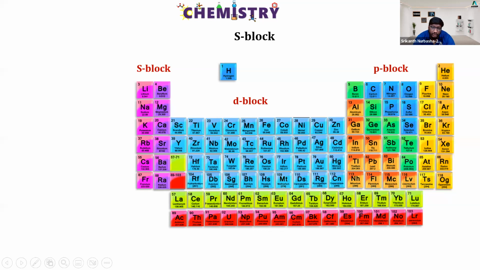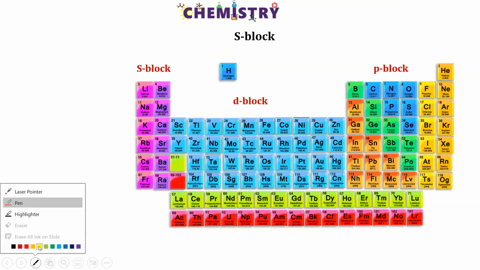S block elements are all metals, electropositive in nature. In group 1, what are the elements we have? Lithium, sodium, potassium, rubidium, cesium, and francium. Group 2, what do you have? Beryllium, magnesium, calcium, strontium, barium, as well as radium.